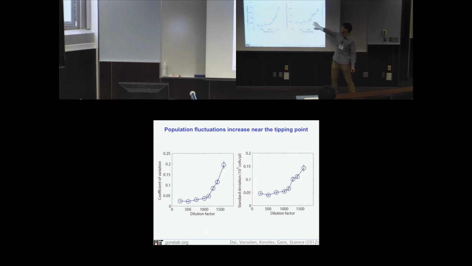But what I'm showing here is that even the raw size of the fluctuations goes up. The physicist's intuition is that fluctuations should scale as root n, although in our case I think we have linear n scaling of noise. But even from that intuition, you would expect the proportional noise might go up, but the absolute noise should not. That should still go down as the population size goes down.